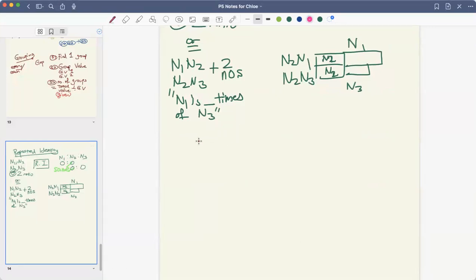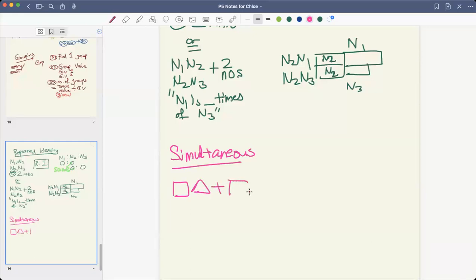Still have. So this is very similar to simultaneous. So for example, they have some tables and some chairs equals to so much. Then they have some tables plus some chairs equals to so much.